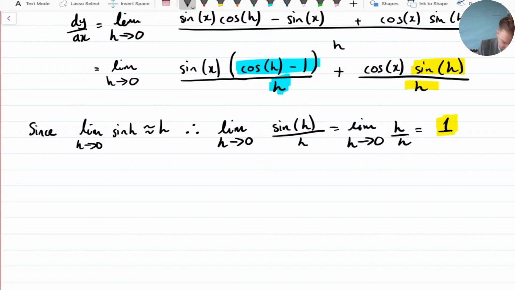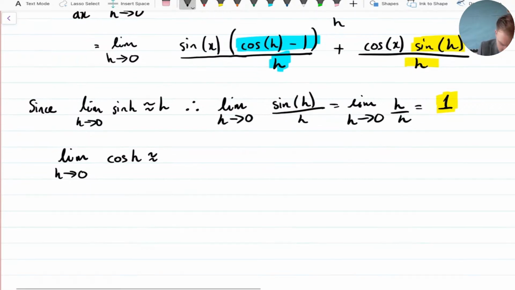We're now going to deal with this part here. And we already know, again, from small angle approximation, that cos of h is approximately 1 minus a half h squared. We know that. Okay.